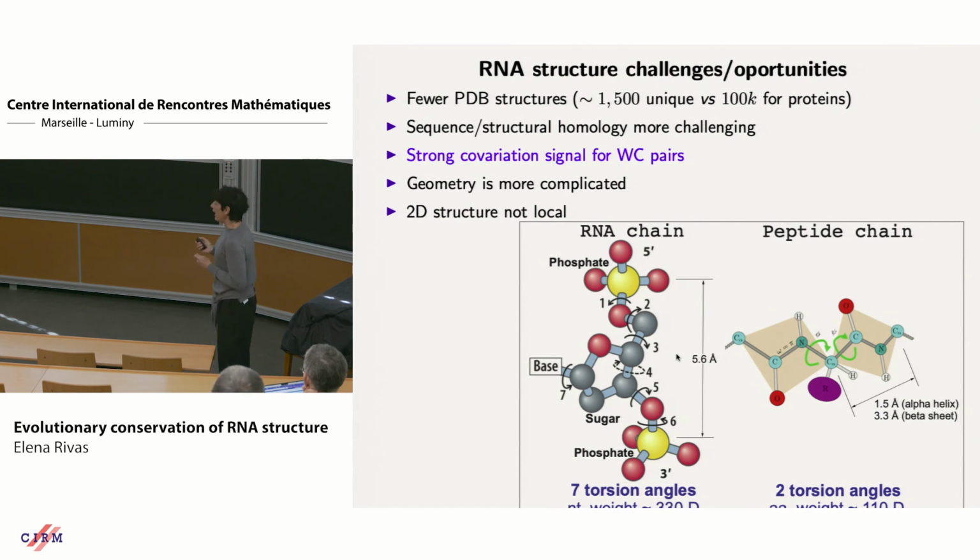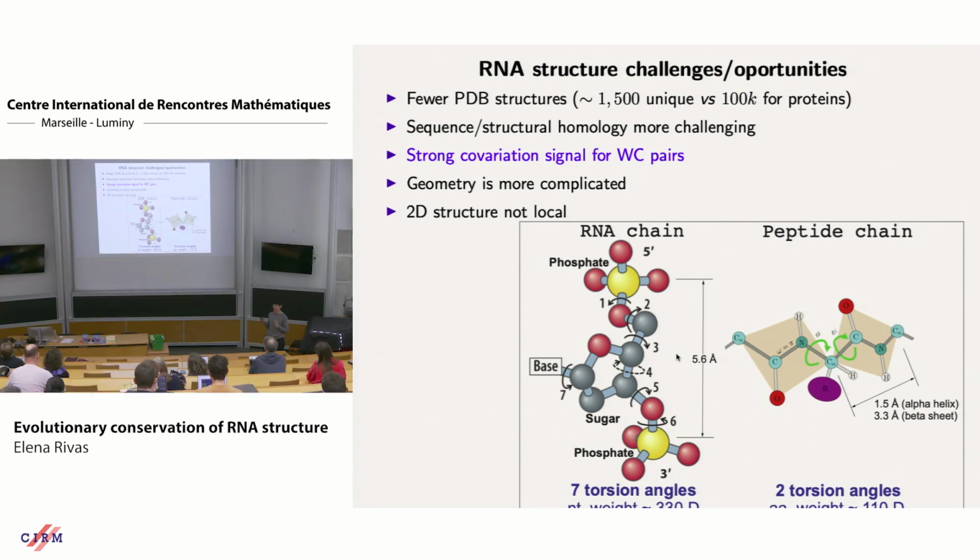Second of all, the homology is more complicated because it's a structural homology, and that means that the alignments are usually much shallower and sometimes tricky to build. That is also part of the fact that you have a 4-letter alphabet as opposed to 20, and also because the conservation is oftentimes at the structural level, not at the sequence level.